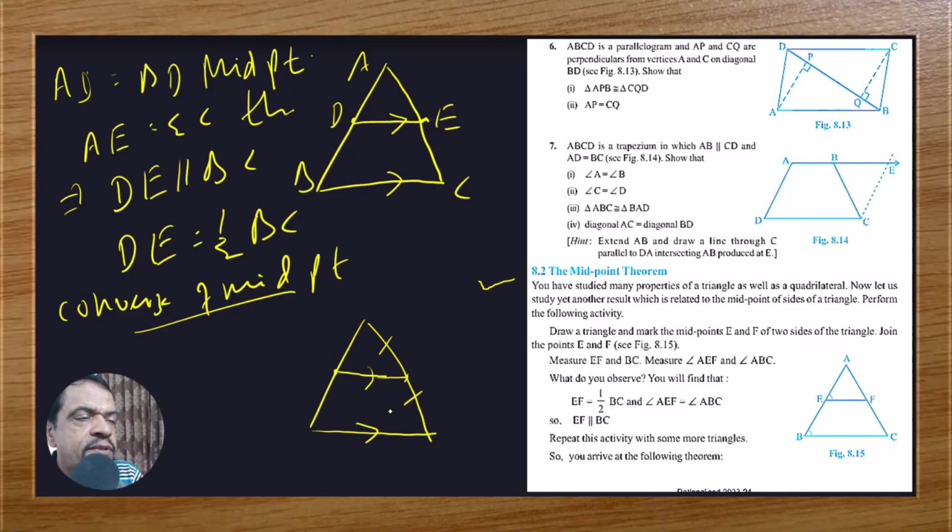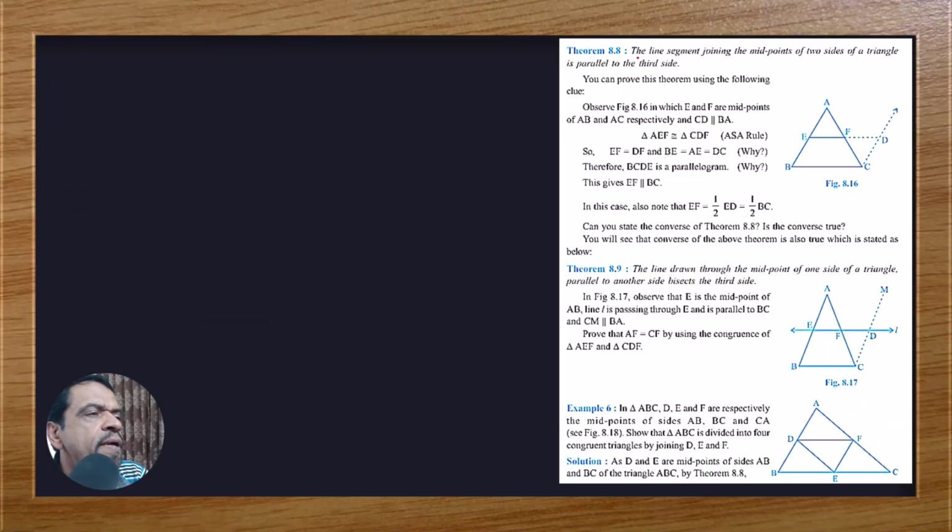This is the converse. Theorem 8.8, midpoint theorem: the line segment joining the midpoints of two sides of a triangle is parallel to the third side and is also half of it. Converse: the line drawn through the midpoint of one side. See how to remember, how to differentiate.